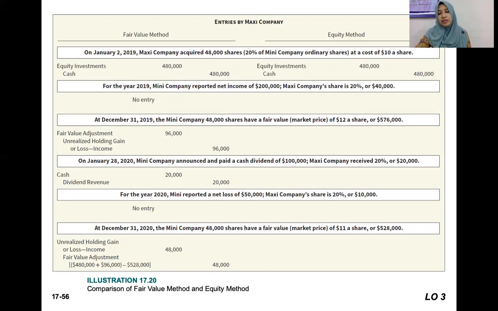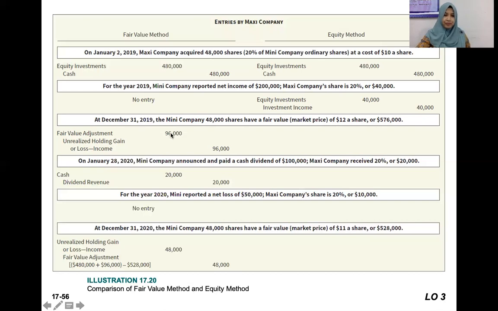But under the equity method, it will have an effect on the investor. So we will recognize the share of the net profit of the investee, which is 40,000. If there is a profit, it will increase our equity investment. So we debit equity investment and we credit investment income.